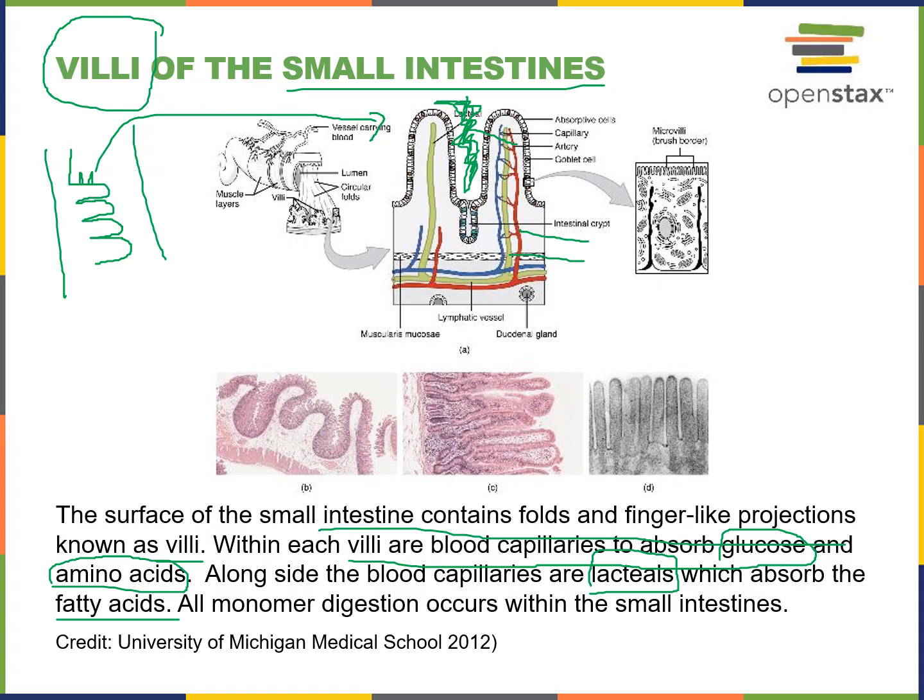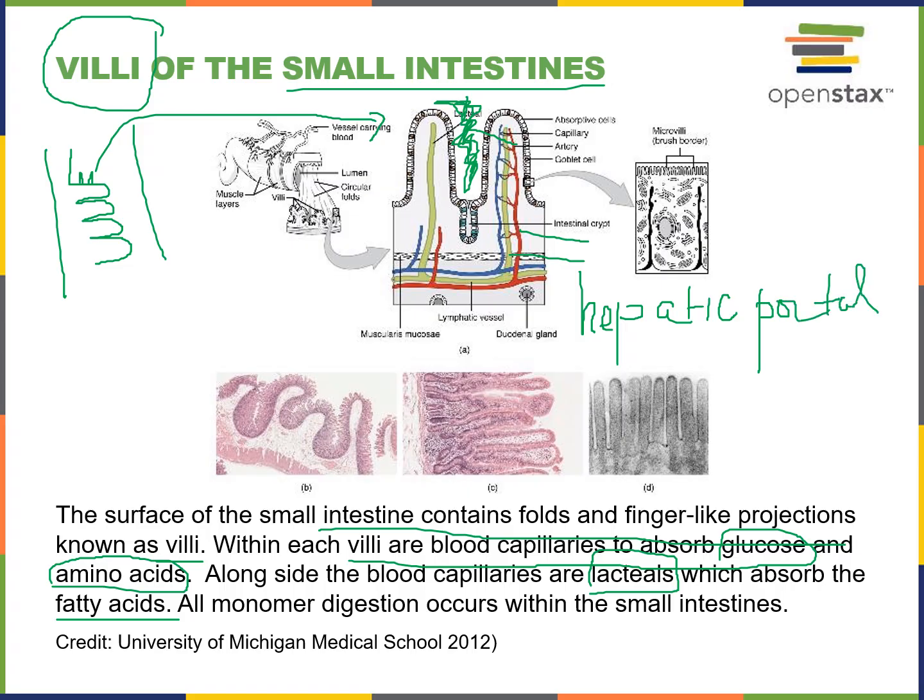So where are they going to go from here? They don't go circulating all around the body. If you remember from the cardiovascular system, there was a special circulation from the small intestine to the liver. And that special circulation was called the hepatic portal vein.